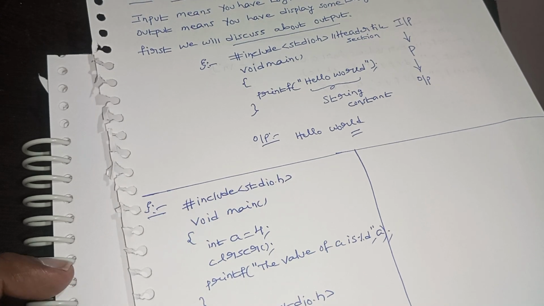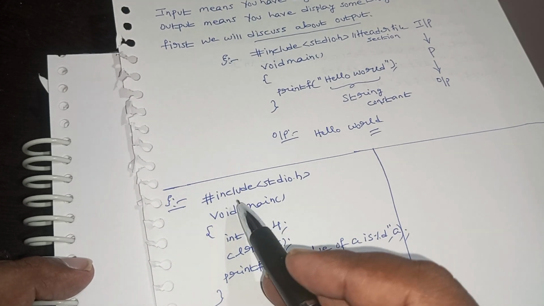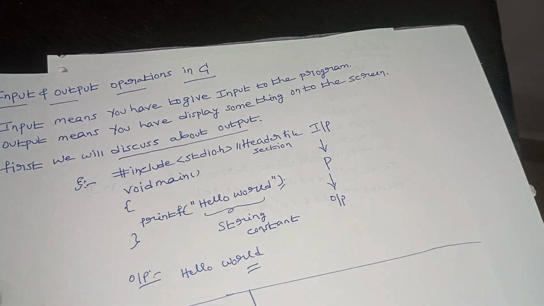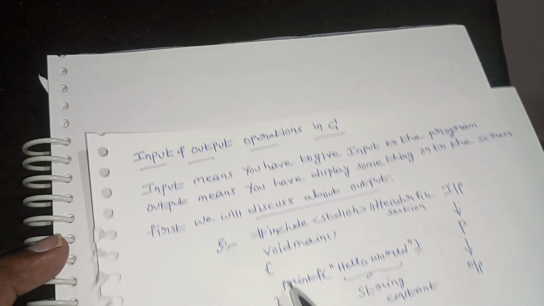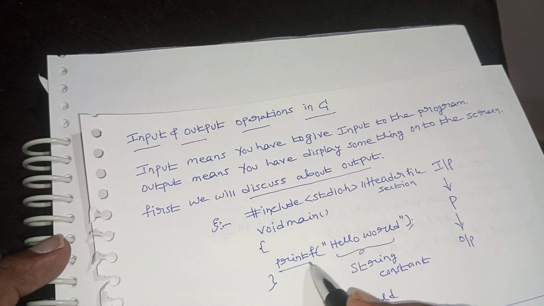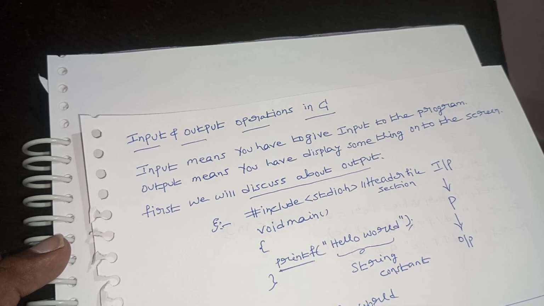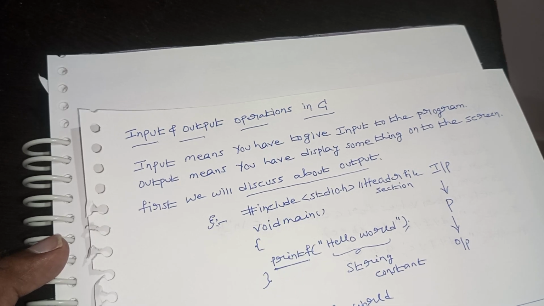For example, if you want to print any values onto the screen. Now tell me, what is the purpose of stdio.h? See in the program, this is a function actually. Always make a note, for any function there will be a set of statements.